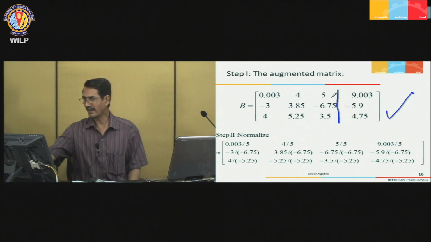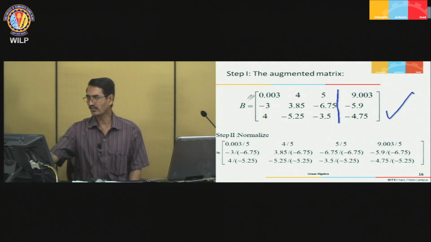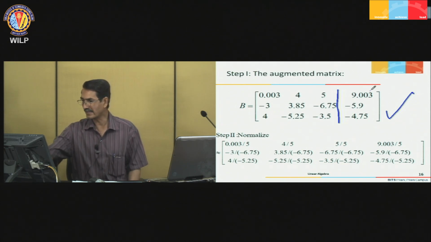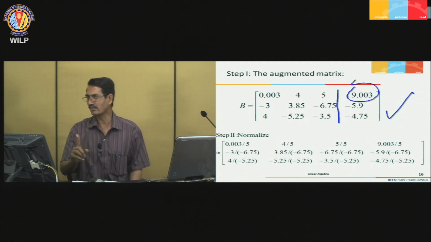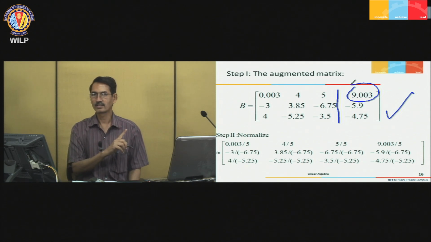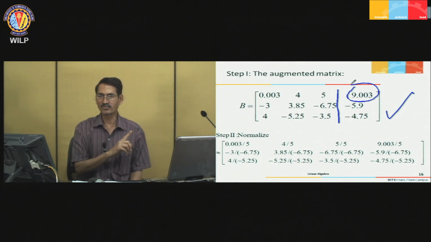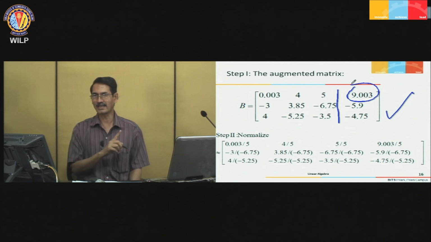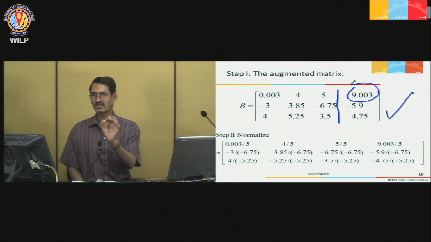The moment we are dividing each element of the first row by 5, then remember that we should not forget to divide this B also, this 9.003 also by 5. So, divide the first row by 5 throughout. Then this first row will be in the normalized form.